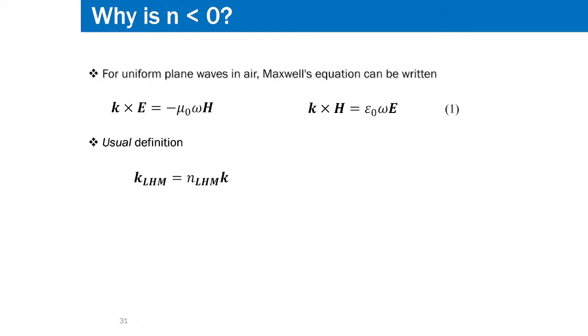So the wave vector in the LHM medium or DNG medium is equal to n_LHM into k. n_LHM is the index in the medium. So let us define k_LHM as equal to n_LHM into k, where k is the wave vector in normal free space. So k_LHM we find out in this method, where n_LHM is the index.